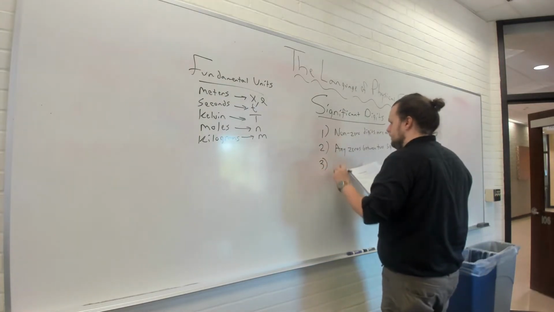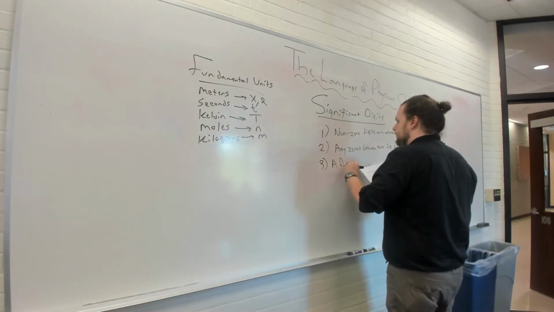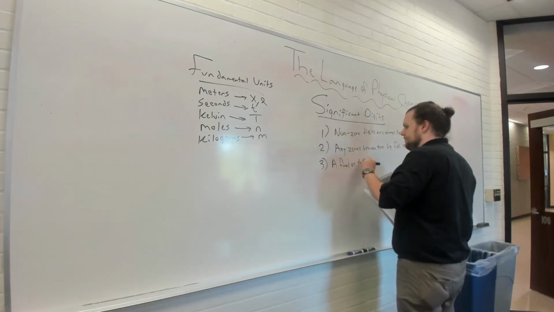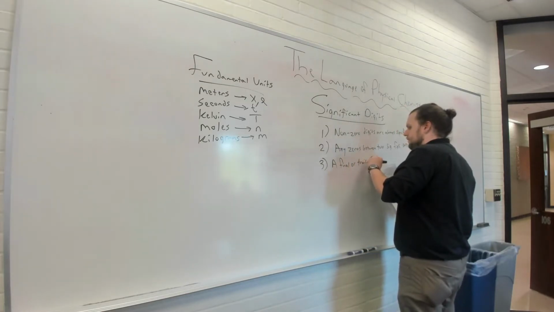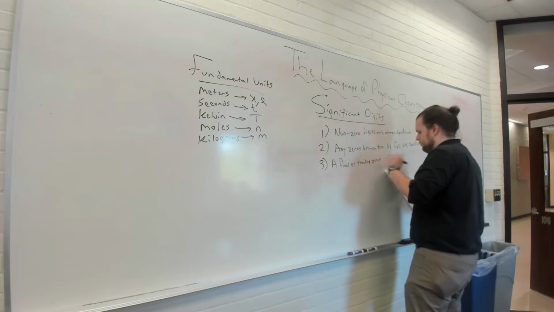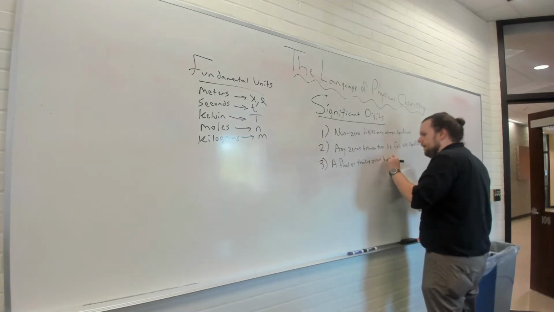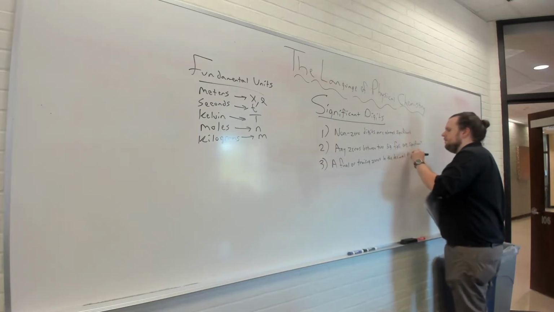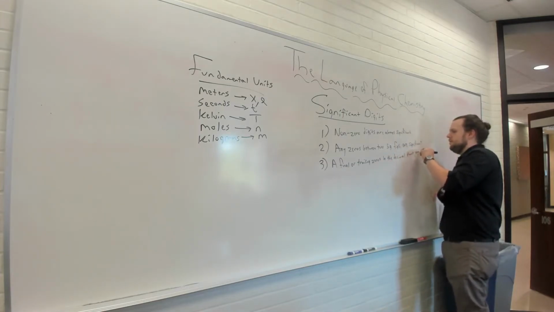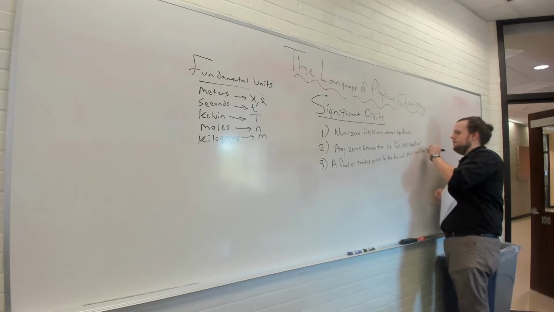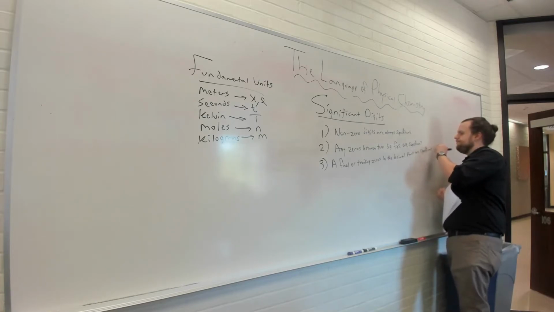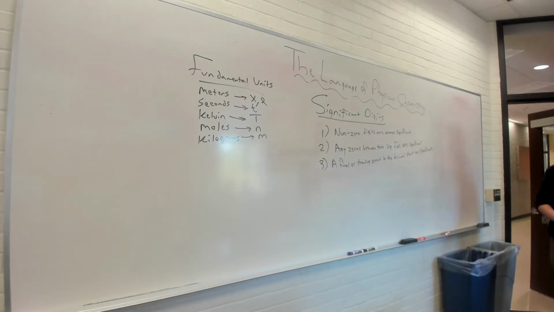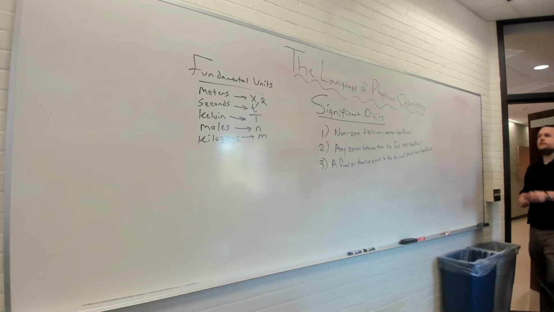And a final rule: final or trailing zeros in the decimal part are significant. Okay, very simple.